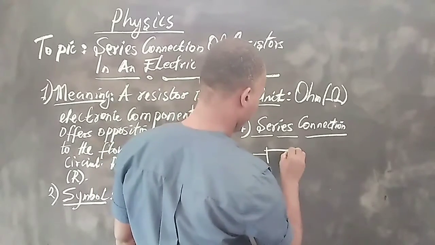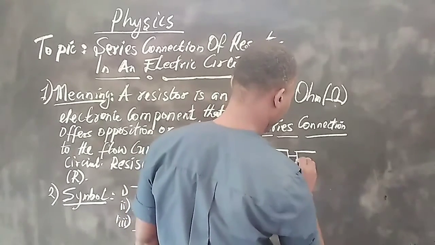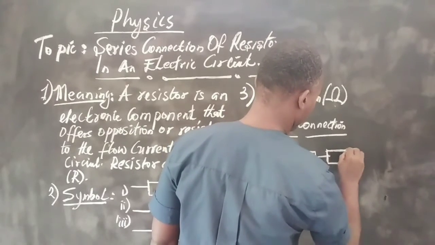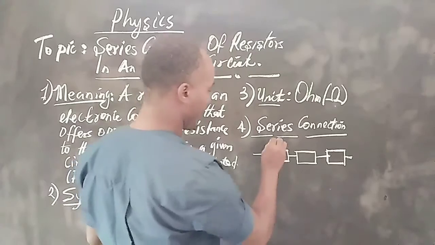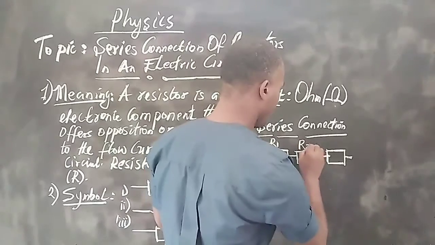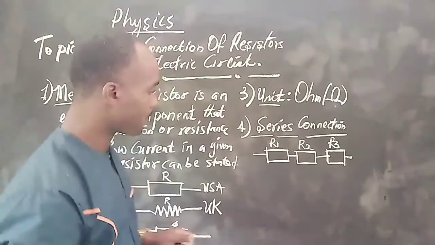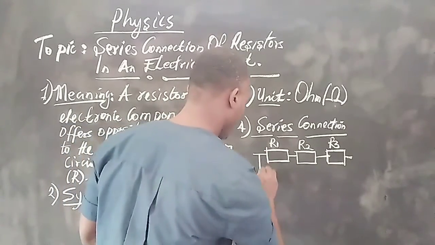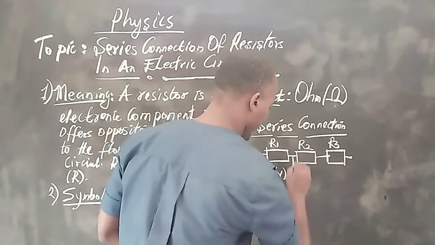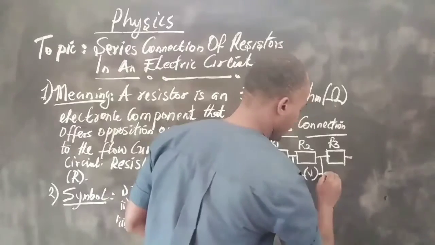Suppose we have maybe 3 resistors with various resistances drawn. So this is R1, the first one, resistor 1. The second one is R2, resistor 2. The third one is R3, with resistance 3. If there is a potential difference across each of these resistors, we have something like this. Then the next one, okay, we have something like this.